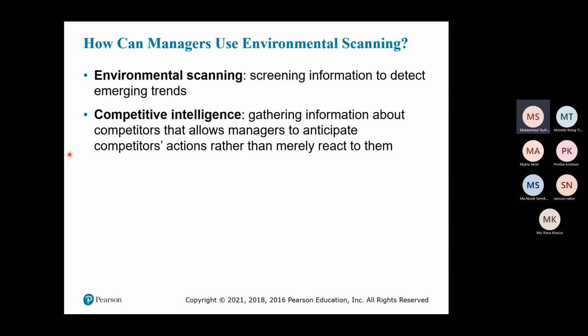You spy on your competitors. You want to know what they do, what their next move is. Why do we need this information? Because we want to know what they are doing, and then how we can counter their action before it happens.